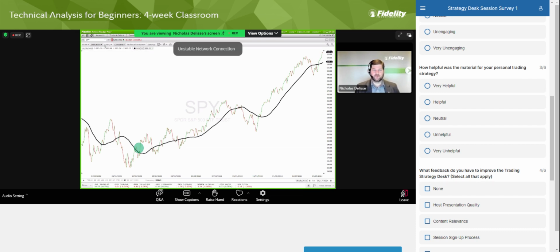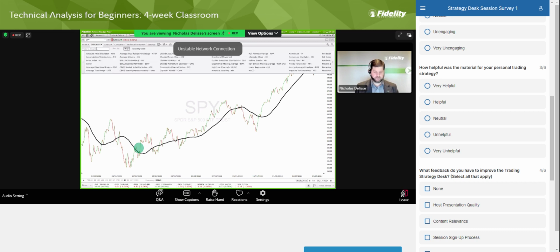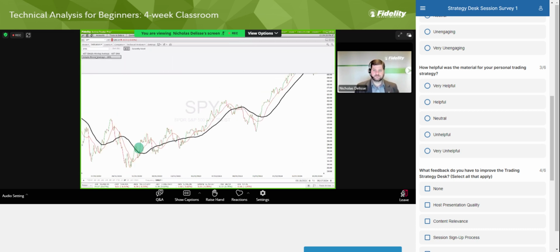Now, if I were also to add on to here a 20 period, we see we're getting more interaction with this. Price is crossing the 20 period a lot more than the 50.